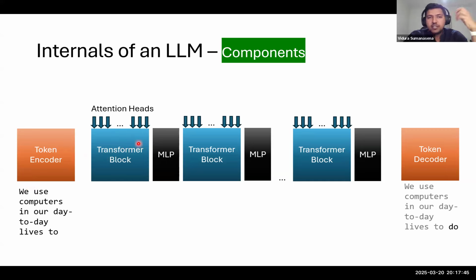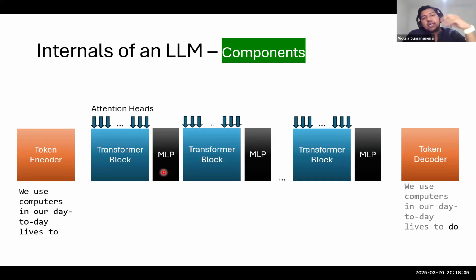The high level idea is that transformer blocks will understand patterns in the text, which we'll talk about in a bit, and it will be passed to a neural network or multi-layer perceptron, and that is where the next word prediction notion comes in.